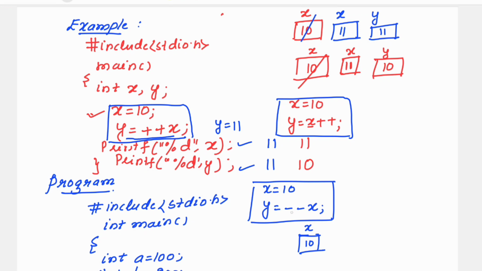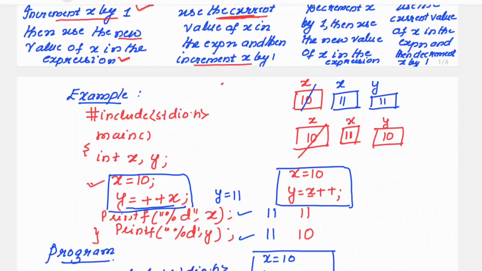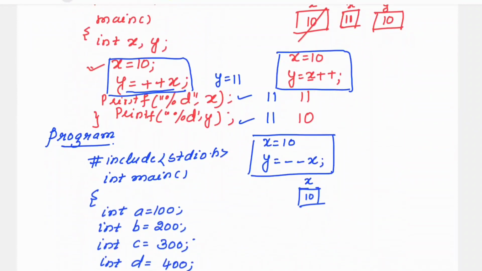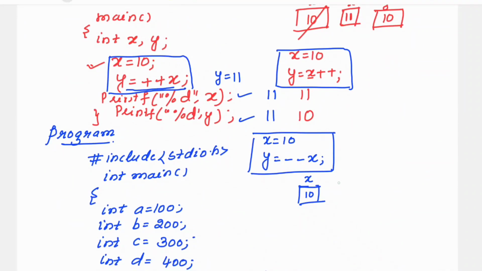Now what will happen? You are performing the pre-decrement operation. Pre-decrement, first of all, decrement is definitely by 1 only. So decrement the value of the operand by 1: decrement x by 1 and then use the new value of x in the expression. Once you decrement, what will be the new value for x? This 10 will get replaced and the new value for x will be 9.